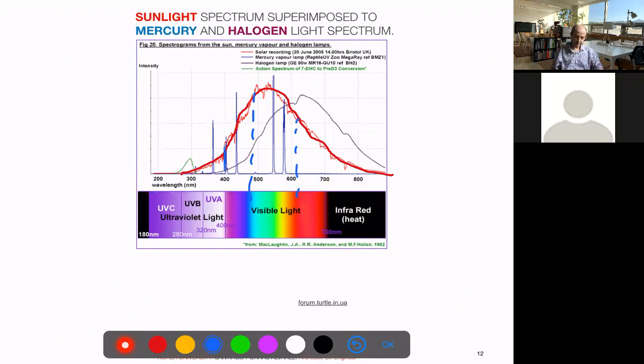But you have a large amount of the blue and so on, and a large amount of red also. And you see it is wider than what we see. This is why sunshine has a lot of ultraviolet, but also infrared. So this is why we have to limit our exposure to sunshine.